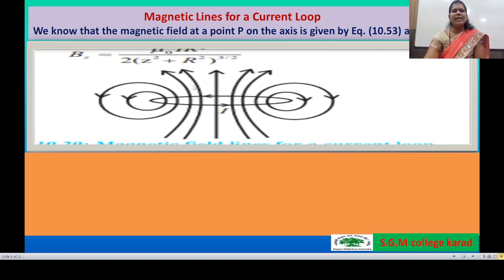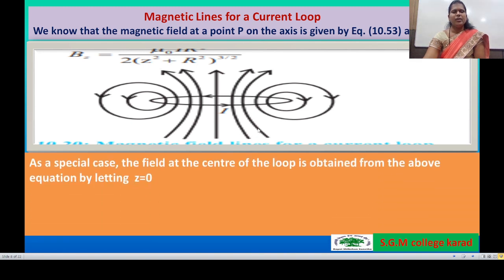This diagram shows the magnetic lines for current loops, and this equation indicates the magnetic field at a point on the axis.